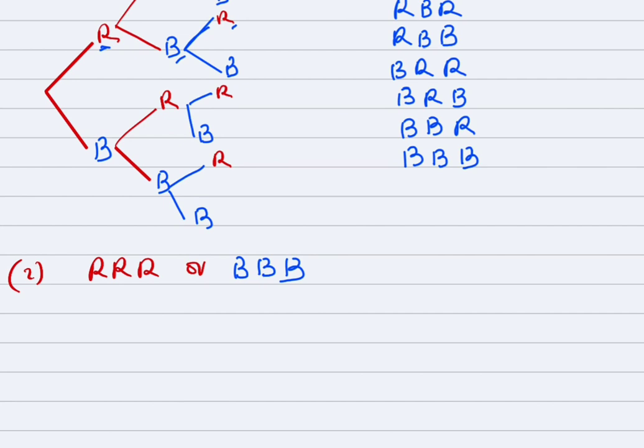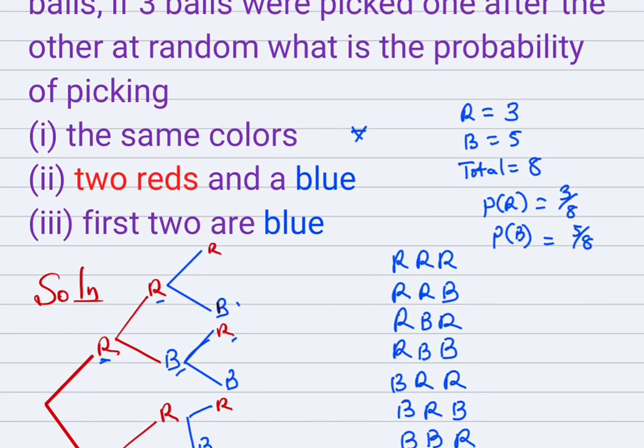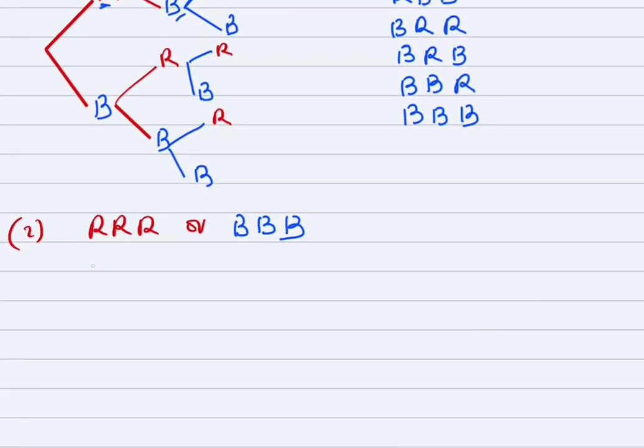Now, the probability of picking the first one being red is 3/8. Remember, it is without replacement that we are assuming. So, the probability of picking the next red, being that we've picked a red in the first one, the number of reds will reduce by 1 and the total will reduce by 1.